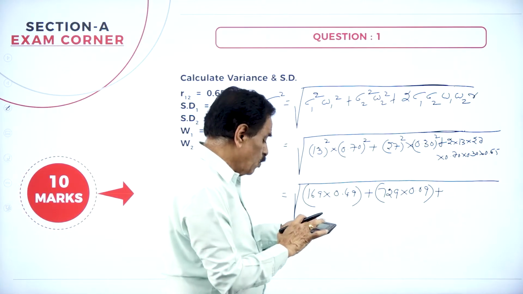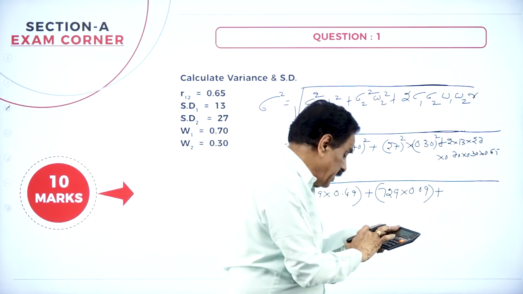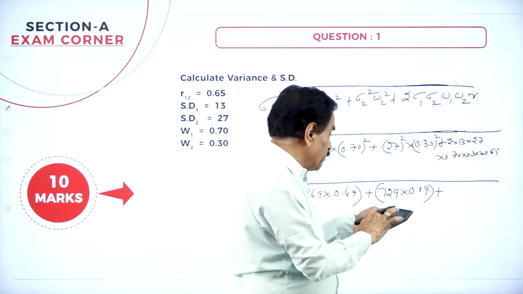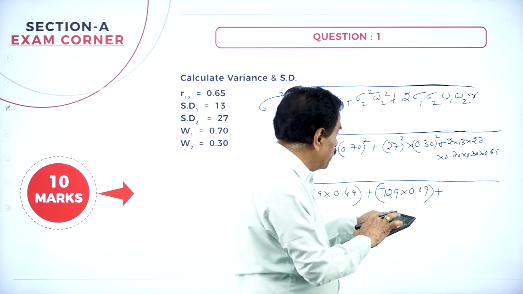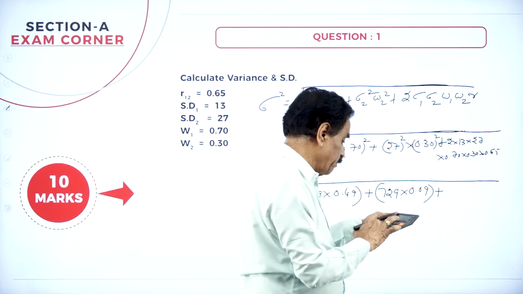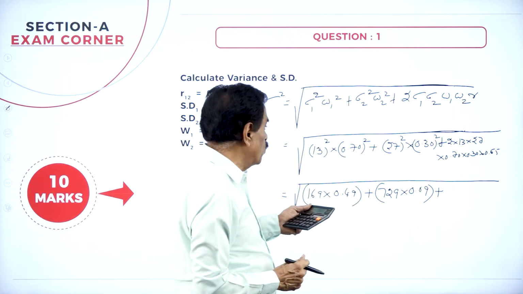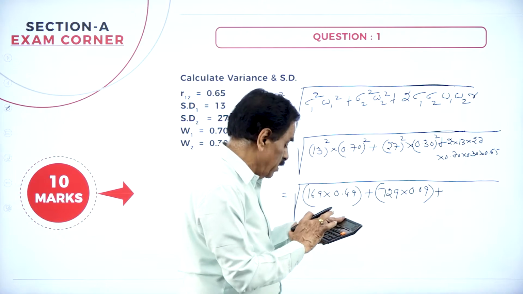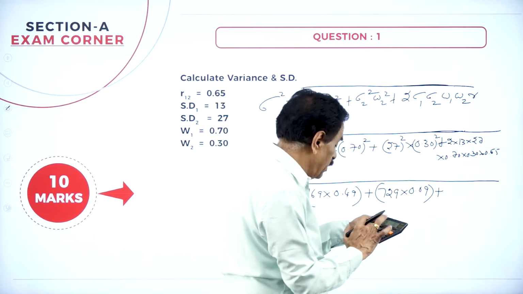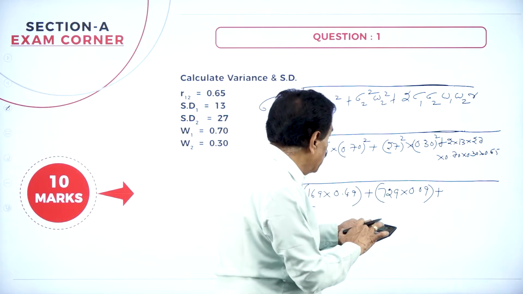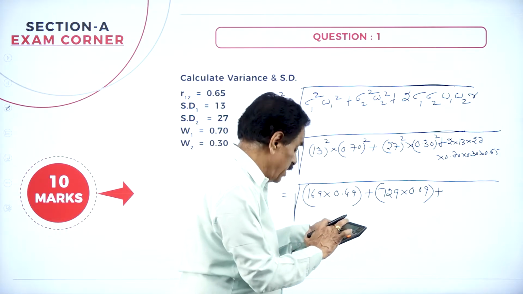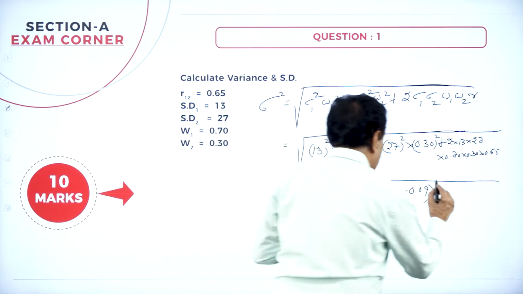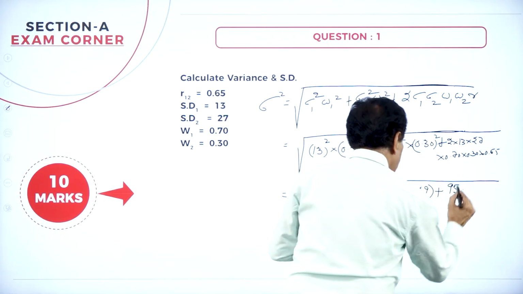Plus 2 into 13 into 27 into 0.70 into 0.30 into 0.65, that is 95.823. I will repeat, 2 into 13 into 27 into 0.70 into 0.30 into 0.65 is 95.823.